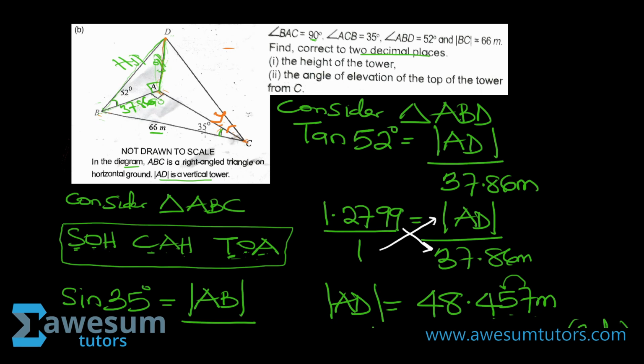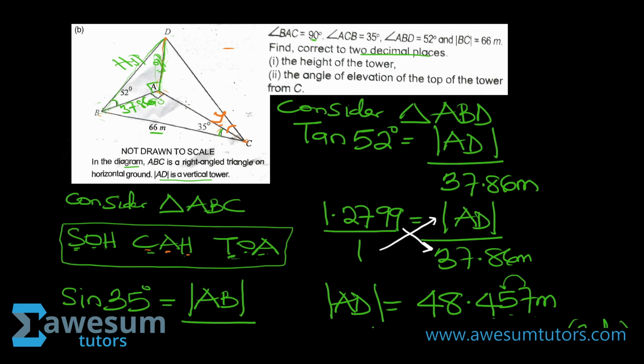So we can use adjacent and hypotenuse. If you want to use adjacent and hypotenuse, you have to use cosine. Take note of that. Because you are looking for adjacent and we have hypotenuse, we are going to use cosine.